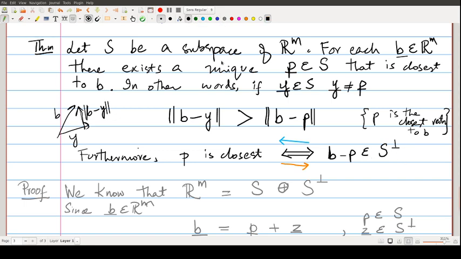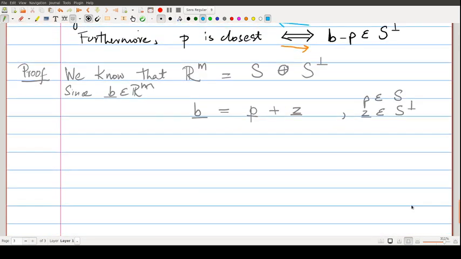Okay. So for the first one, we're going to prove in this direction first. I am assuming that B minus P is in the orthogonal complement. And this is of course true by definition, because P is in S and Z is in S orthogonal complement.